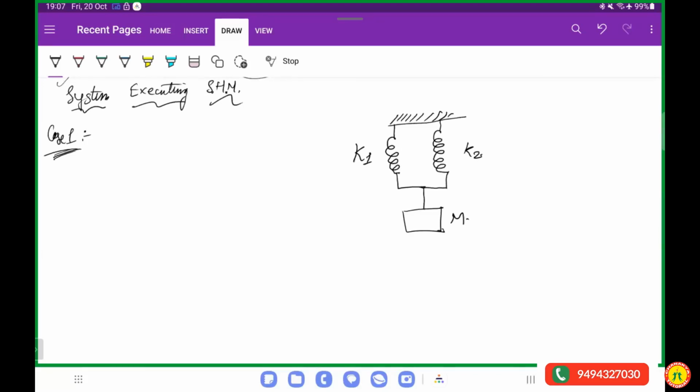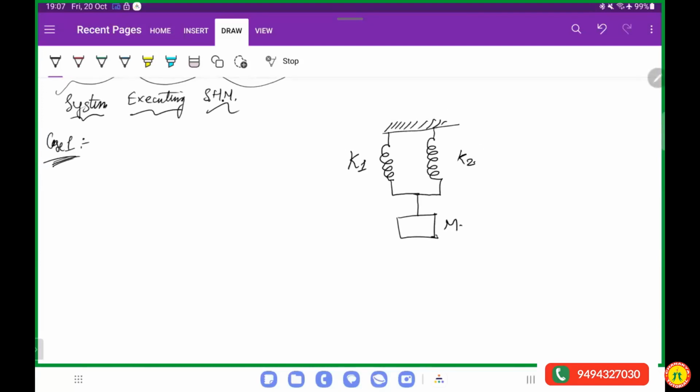So let's consider this one also. If the force constant is combined and joined here, it will be k1 plus k2.